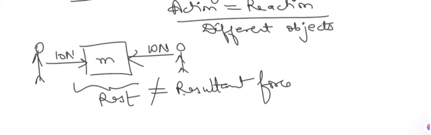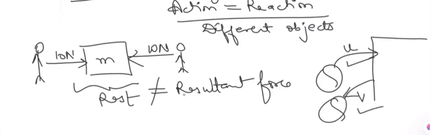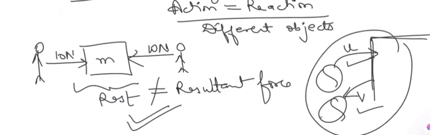Basically, suppose I have a wall and a ball in my hand, and I push it toward the wall with some velocity u. It will come back with the same velocity v, right? Now why is the action happening and why is the reaction happening, whereas I am applying the same forces? The factor is that while going, the ball is applying force on the wall, whereas while coming back, the wall is applying force on the ball. Hence here you can see the work done, and here you cannot. Understood?